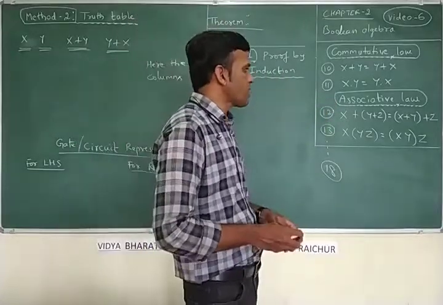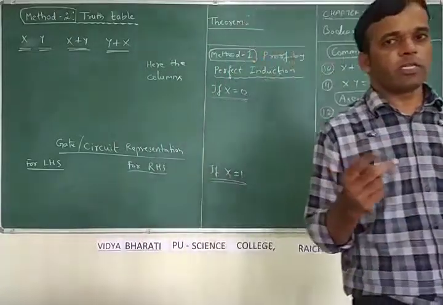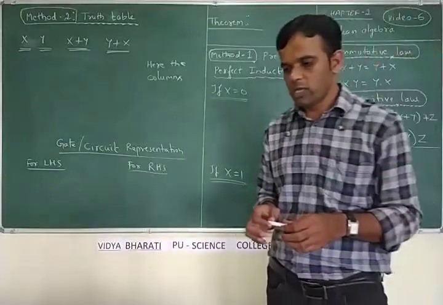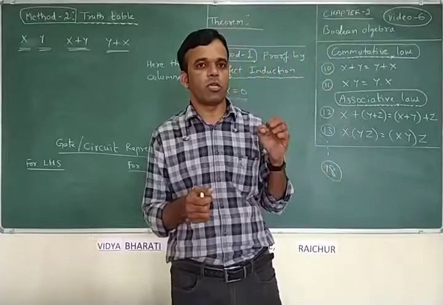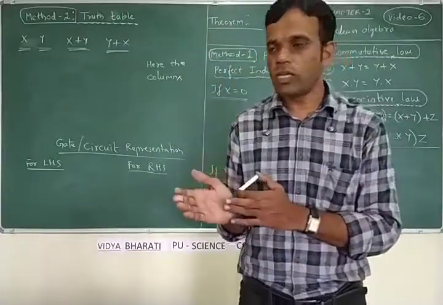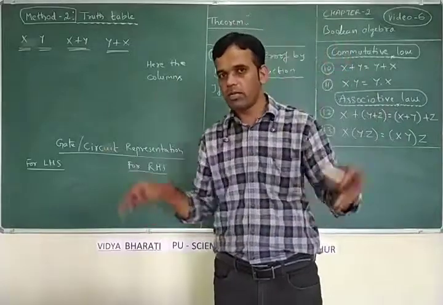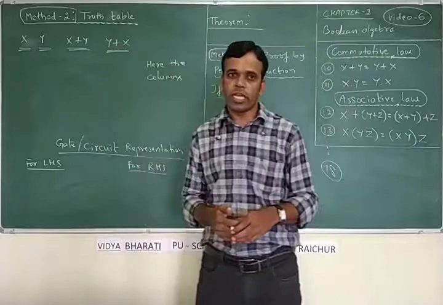We have 2 methods to prove the basic theorems of Boolean algebra. One is proof by perfect induction, where we consider all possible values for the variable, and the alternative method is to use a table, that is, the truth table.